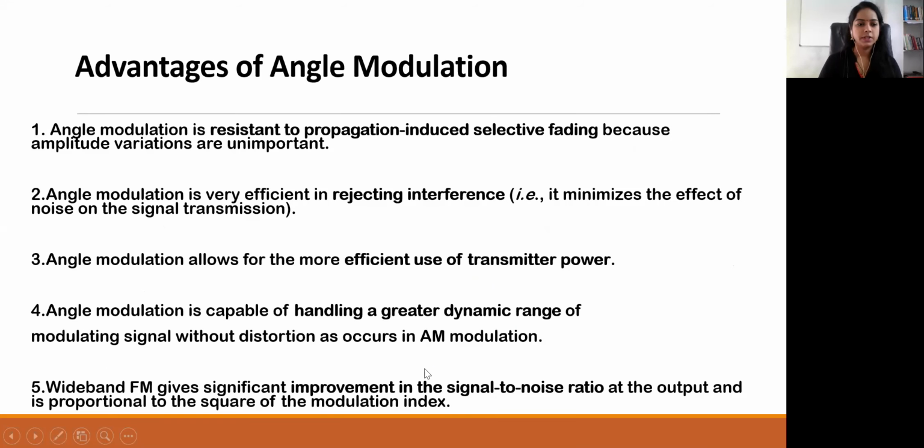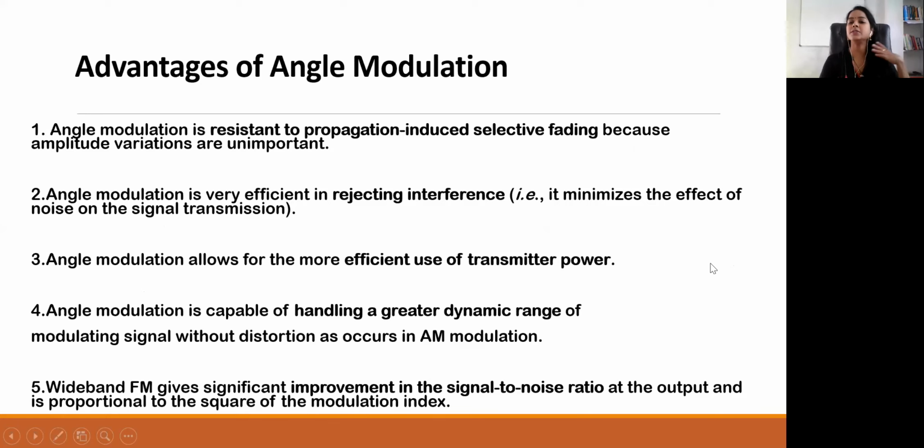So in angle modulation you have some advantages: the fading disadvantage is not there in angle modulation. Then in angle modulation, rejection of interference is there.